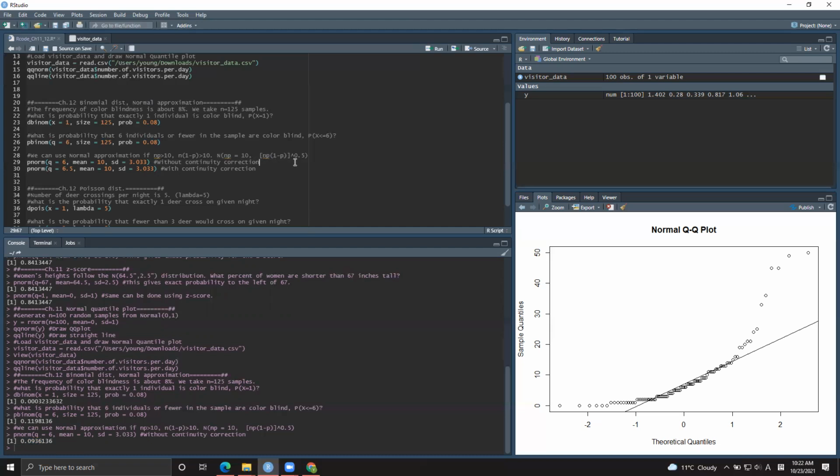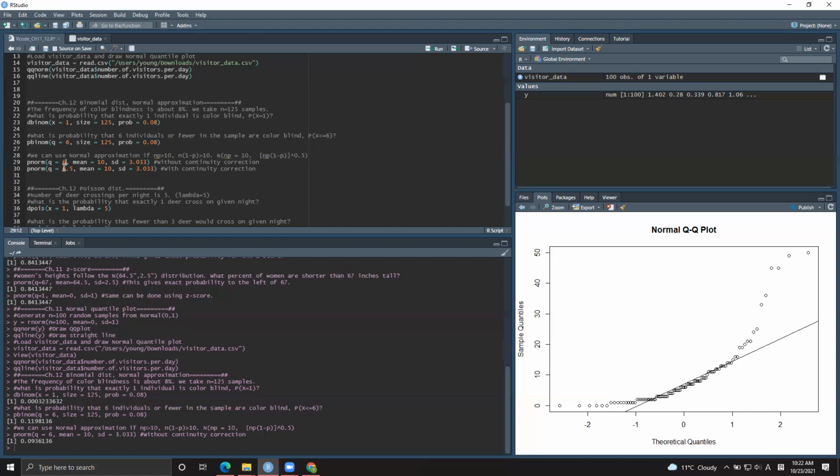We learned that because this binomial distribution is a discrete probability, whereas this normal probability is continuous, we need to make a continuity correction for better estimation. So how do you make a continuity correction?